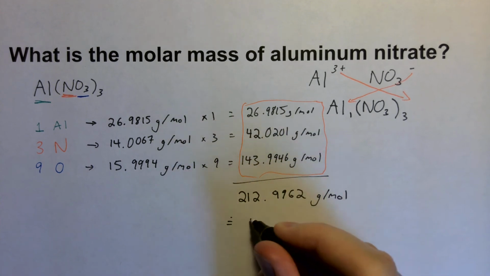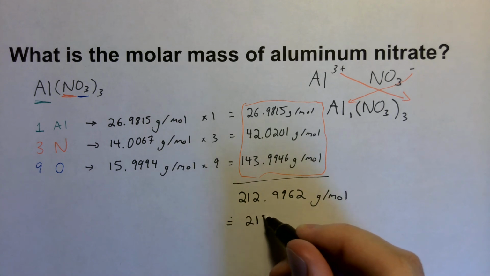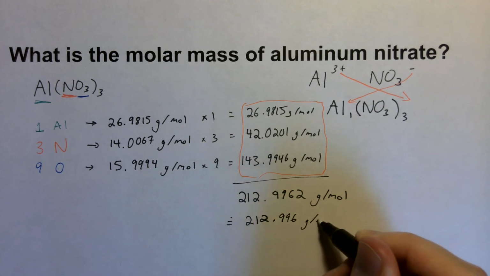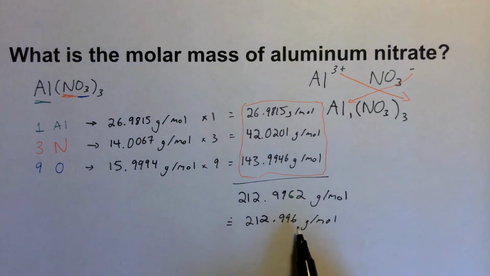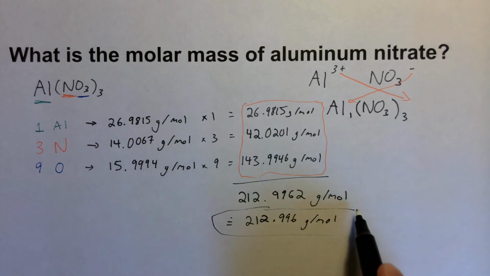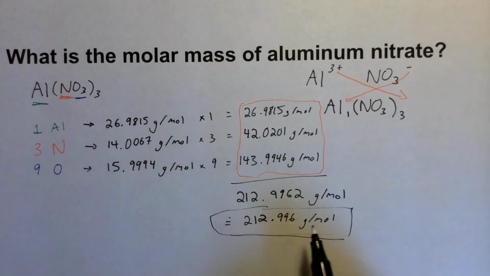Or if we were going to round this, we can just round it to 212.996 grams per mole. That just keeps it consistent with what's in the periodic table. Oftentimes, it's fine if you just round things to 2 decimal places.